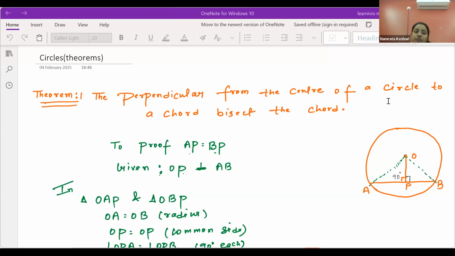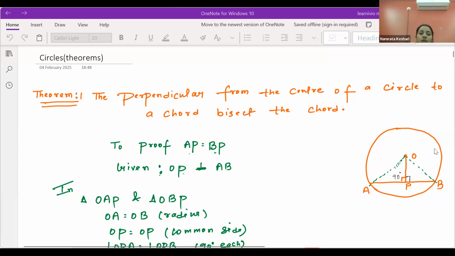Please sit with the theorems after the exam, because in class 10 we just say that there was a theorem where we drop a perpendicular on the chord and our chord gets bisected. In between so many concepts we use this concept on a daily basis, so you should be comfortable and familiar with this theorem.